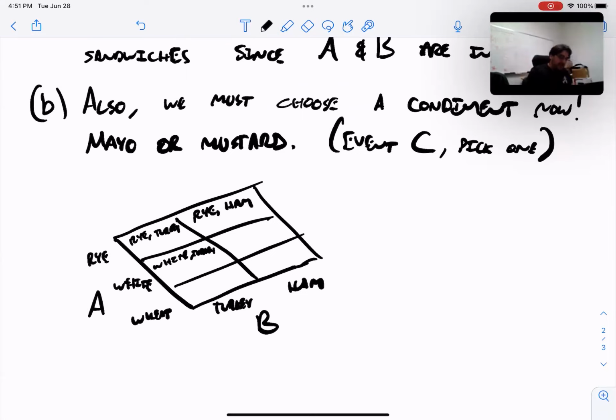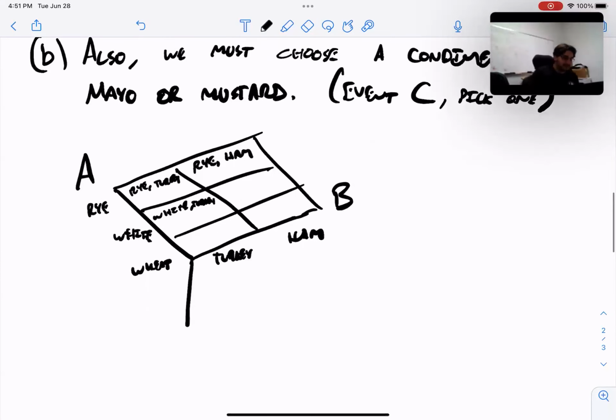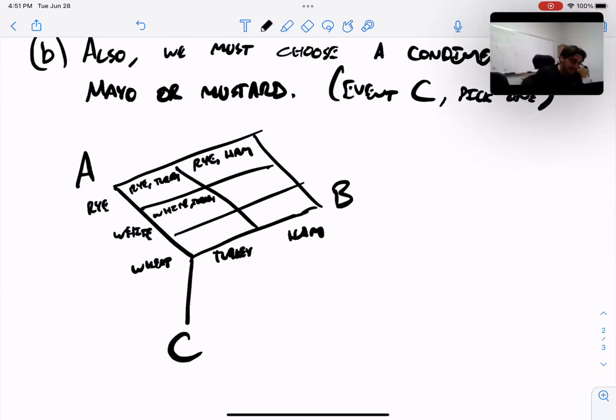But now we have axis C, right? We need another axis going perpendicular to these. So here I have my meat axis, my bread axis. Now I would have to have an axis C, and then along this axis C, up here I'm going to have the mayo grid, and then down here I'm going to have the mustard grid, right?